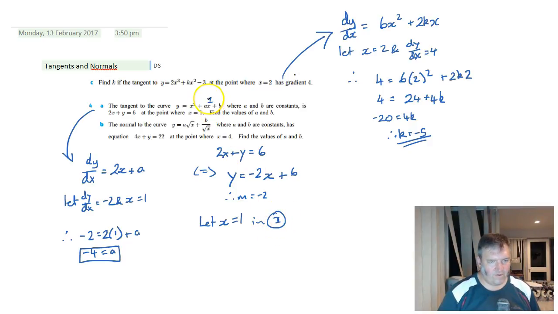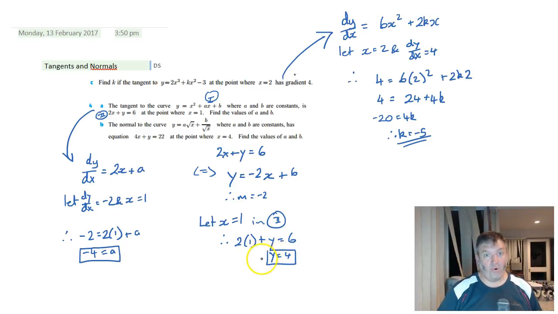This is my first equation, and this is my second equation. You could call it tangent equation or something else if you want. In equation 2, therefore I'm going to have 2 times 1 plus y equals 6, subtracting 2 from each side. I get the y value equals 4. So now I know the point of contact where the tangent touches the curve. It's at the point (1, 4).